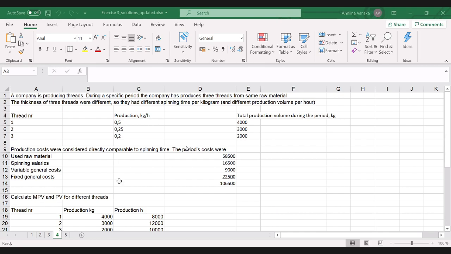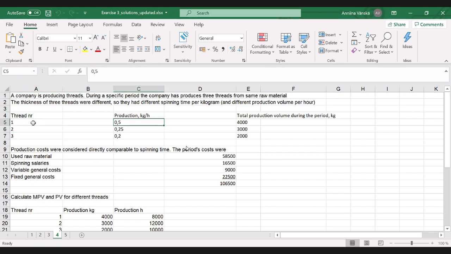So yeah, a company is producing threads, 3 different threads. During a specific period, the company has these 3 threads for the same raw material. The thickness of the thread is different, so they have a different spinning time per kilogram, and therefore a different production volume per hour. Thread number 1, 2, 3.